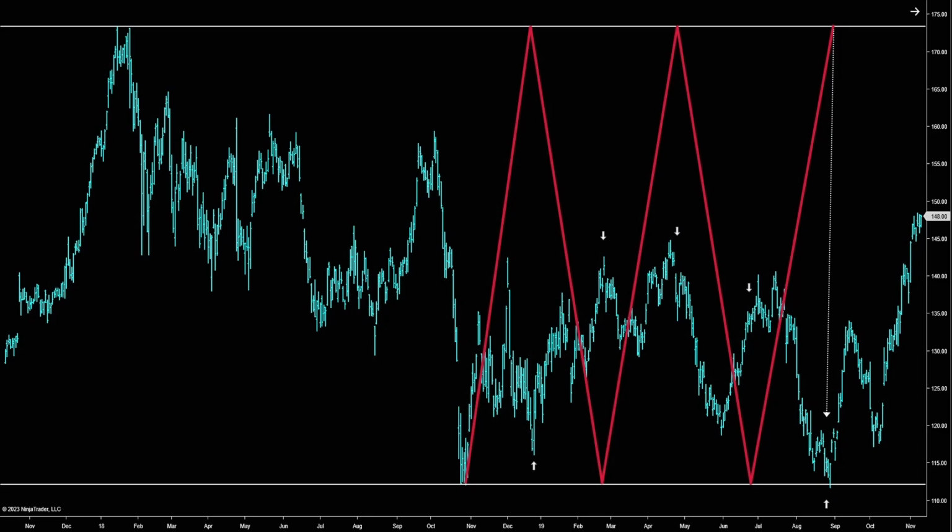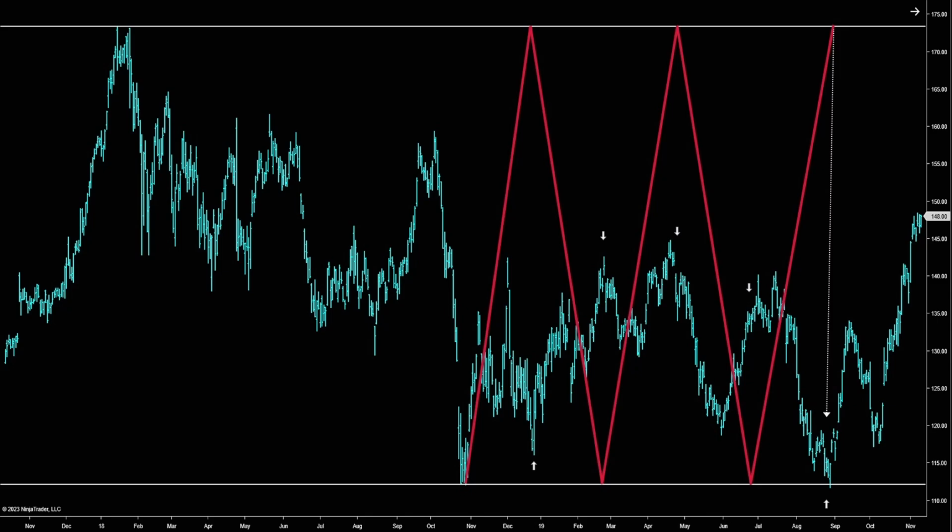The high up there, in the upper left-hand corner, the high remains until it's broken. That could be 20 years from now. That could be tomorrow. Who knows? As long as that high remains and is not taken out, no matter how long in time it is, it's valid.